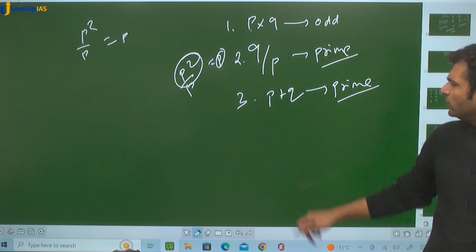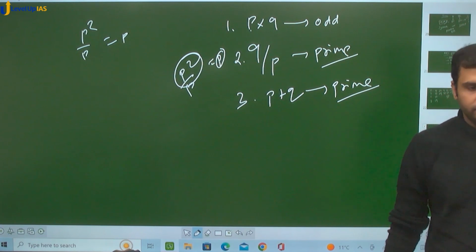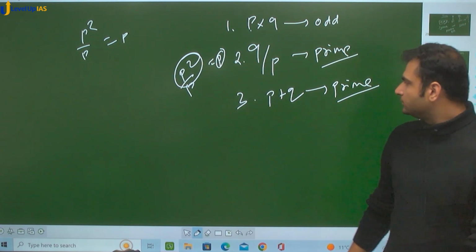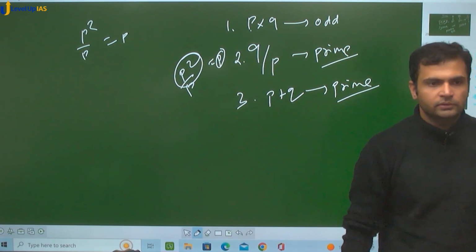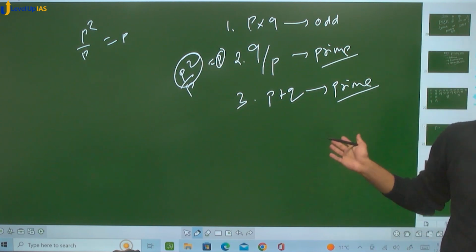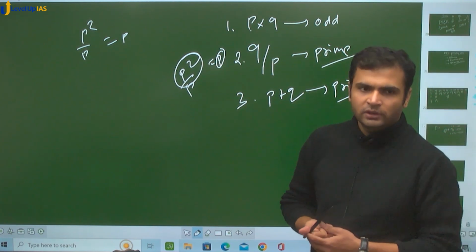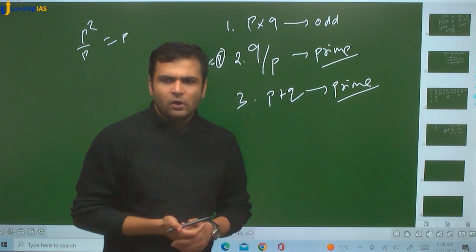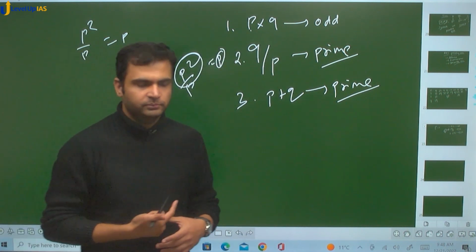No, no, no. Q is a composite number. Right. We just want one example. All the statements are "can be". It's not always. Always वगैरह बोला होता तो वो गलत हो जाता.